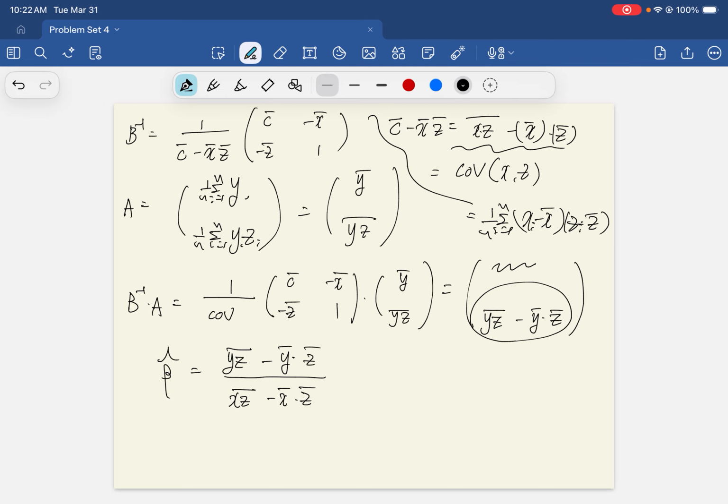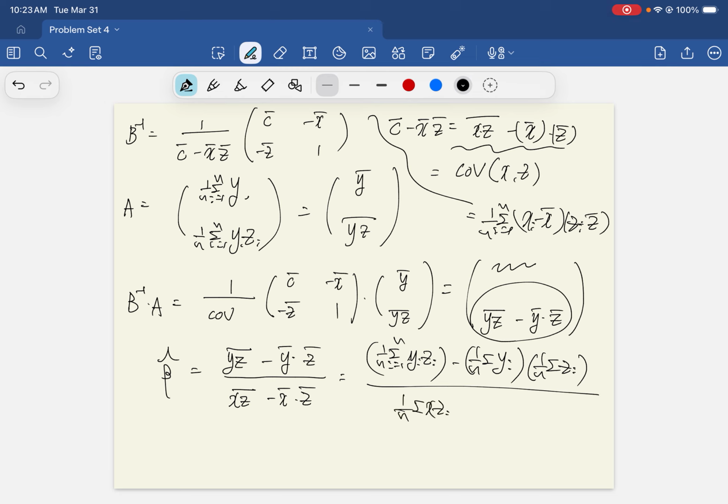Okay, so that means it's 1 over n summation yizi minus the sample average of yi times the sample average of zi. Same thing again, just change y with x.